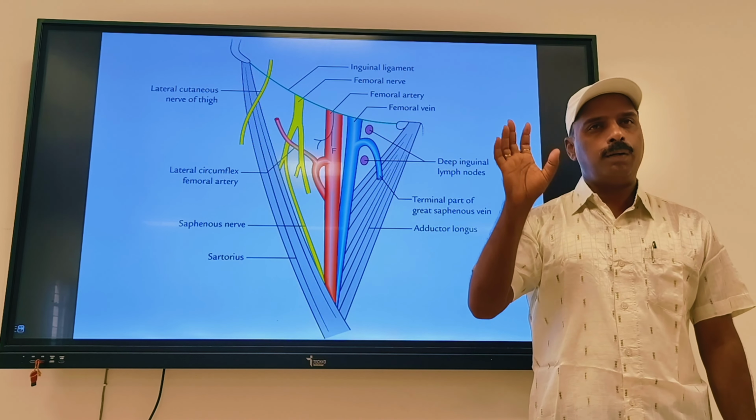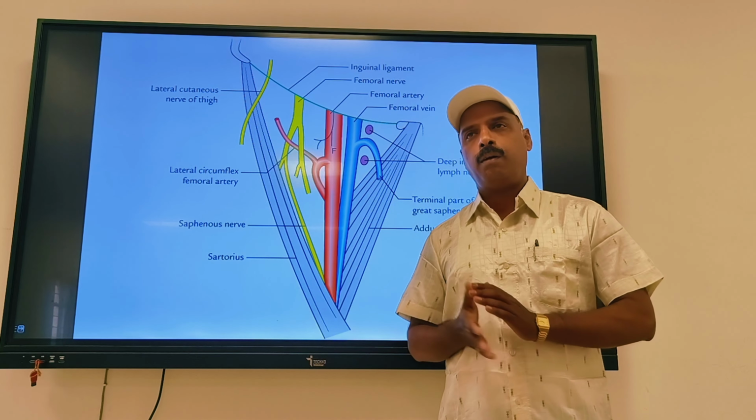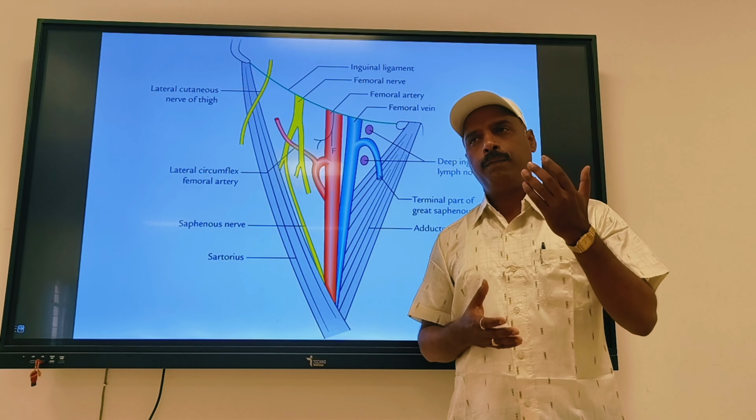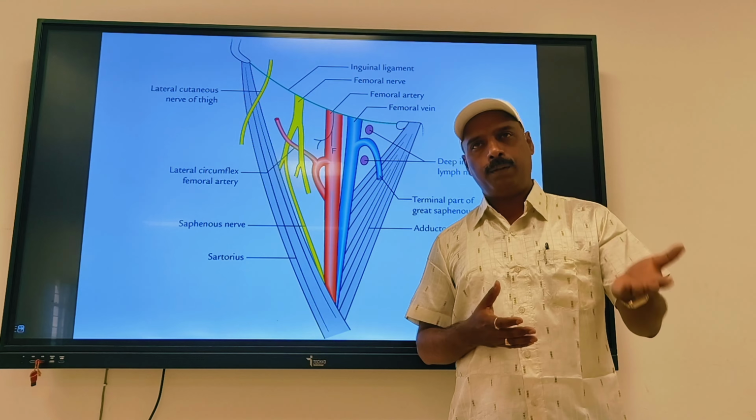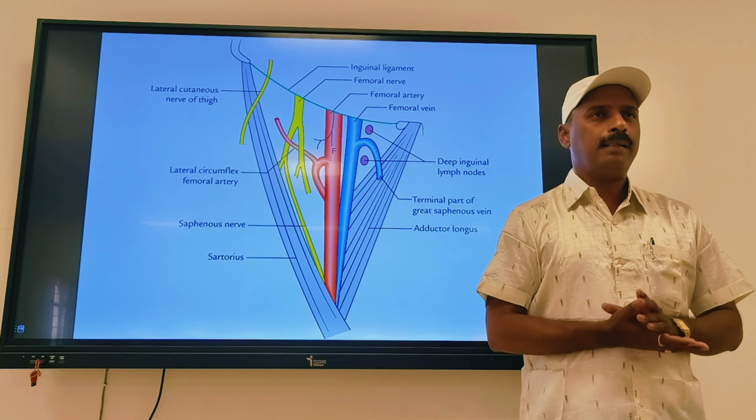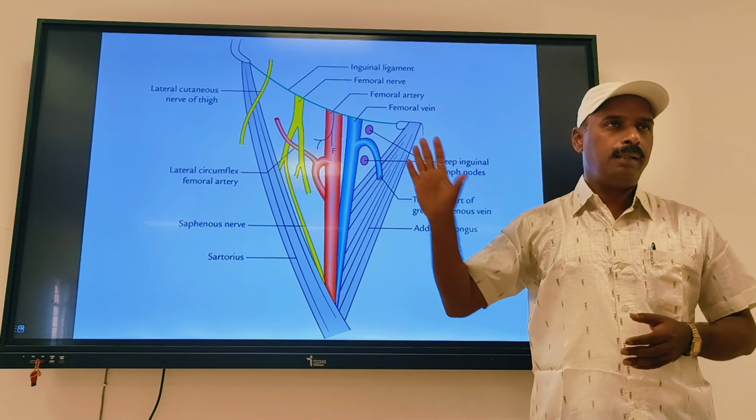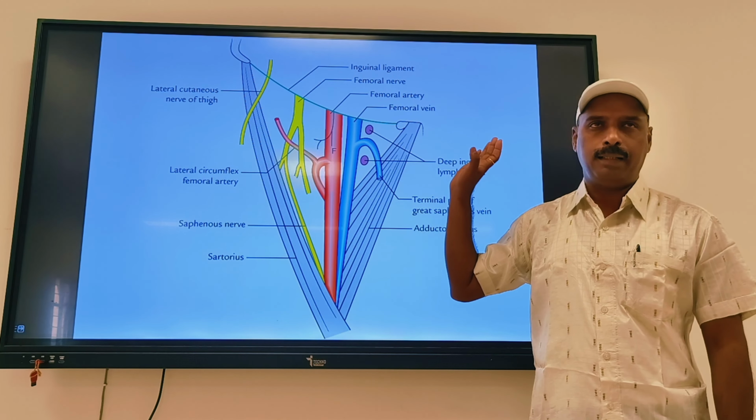If you study perfectly all the structures of the femoral triangle, roof and floor, then only you can easily apply these to the relations of the femoral artery.